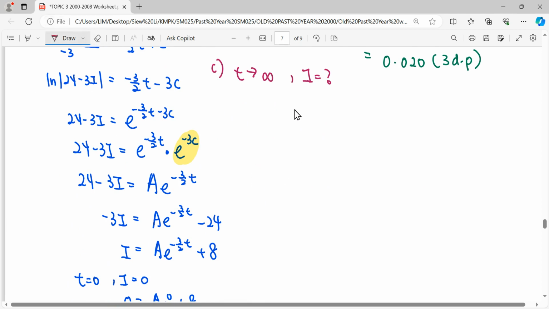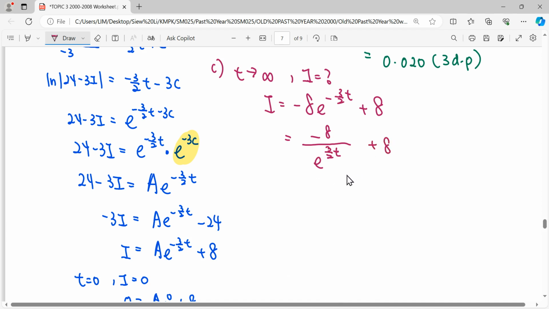So by using the particular solution that we have just now, firstly, we rearrange the negative power back to the denominator so that we can see the approximation more accurately.